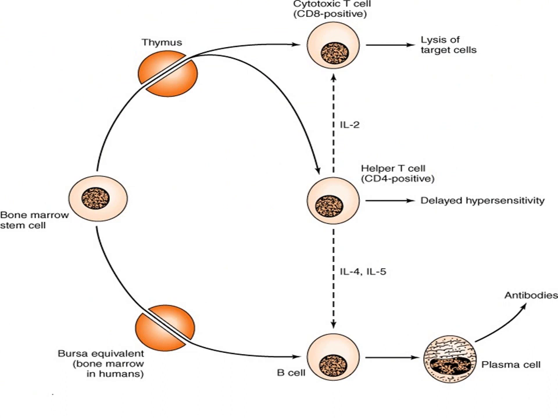This picture shows the origin and maturation of the two types of lymphocytes, the T lymphocytes and B lymphocytes. Both types of lymphocytes have their stem cells in the bone marrow. As you can see on the upper portion of your screens, T lymphocytes go to the thymus, mature there, and then differentiate into CD8 and CD4 positive T cells, while the B lymphocytes originate and mature in the bone marrow.